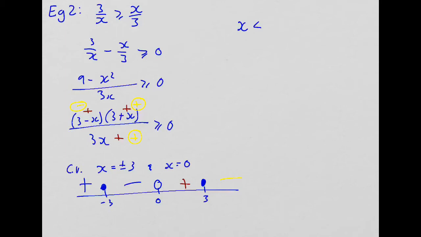So back to our solution: x is less than or equal to -3, or x is between 0 and +3, where 3 is included, but the 0 isn't.